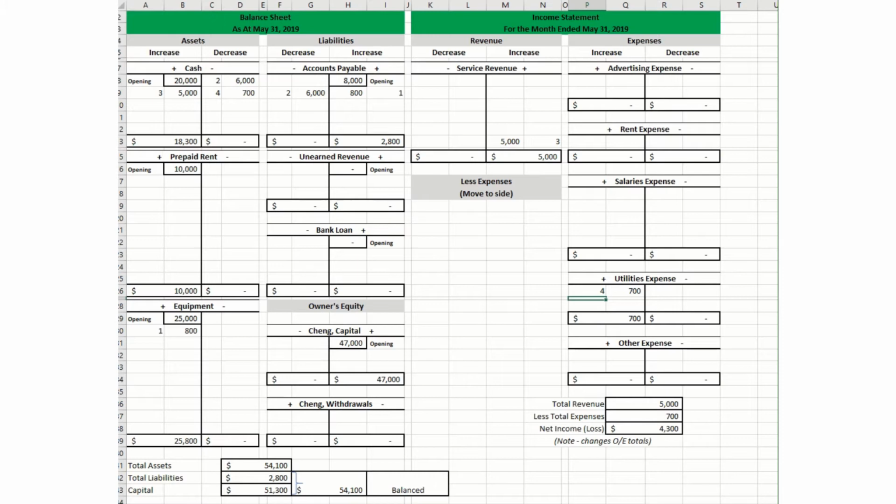Number 5 is we purchased a computer worth $1,500 on account. So we are buying an asset. We're increasing our asset for transaction 5. And it's on account. So we're increasing our AP for the same amount, $1,500. Transaction 6, we received the bill for $1,000 for advertisements during the month of May, the amount which will be paid in July.